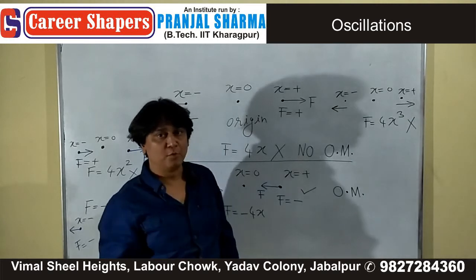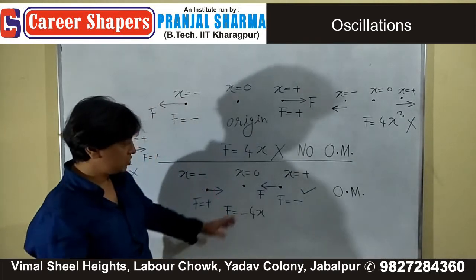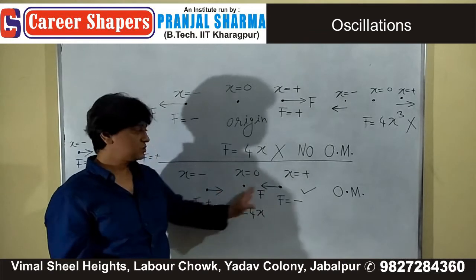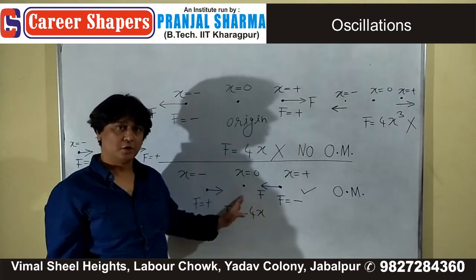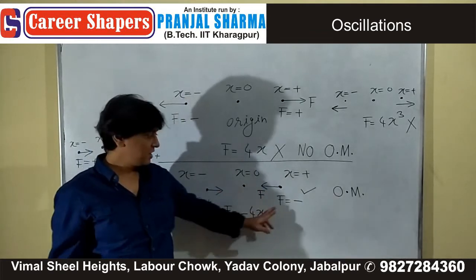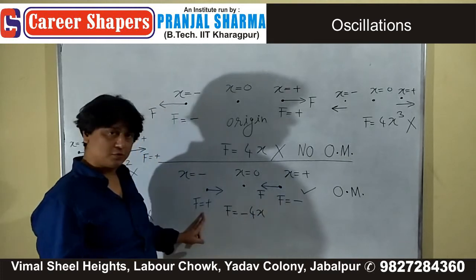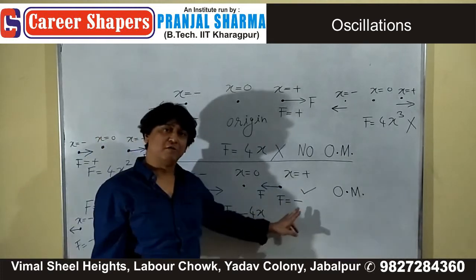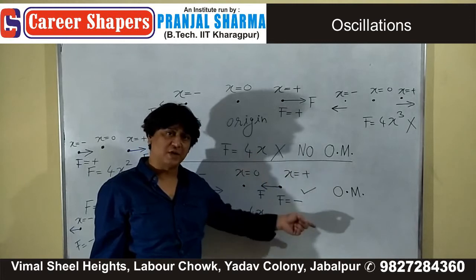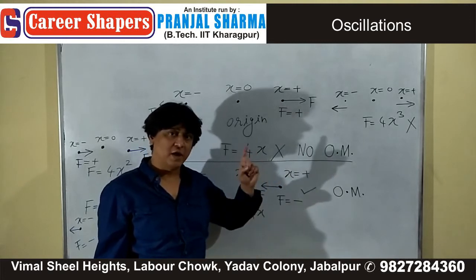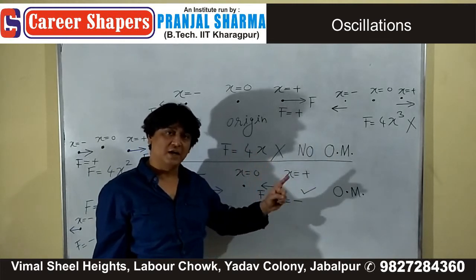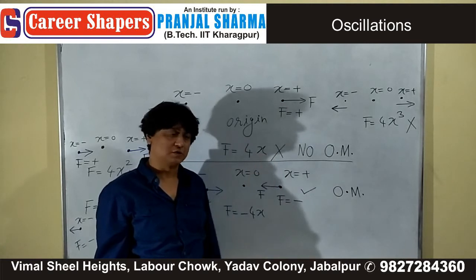For an oscillatory motion, on both sides of the origin, you must have different directions of force. And those different directions should be such that they behave as restoring forces.